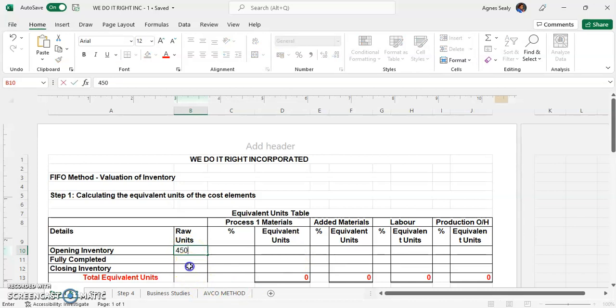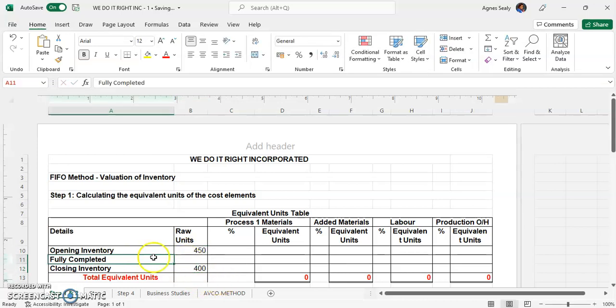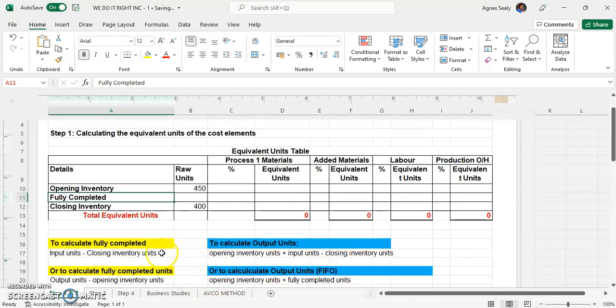But how will we calculate our fully completed units? Because the question does not tell us what our fully completed units are.